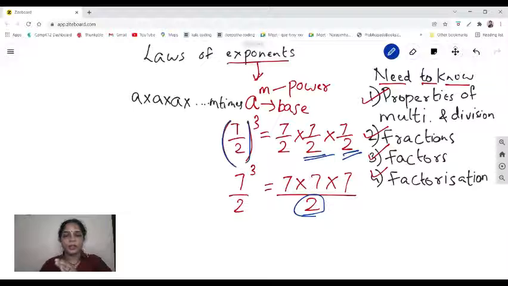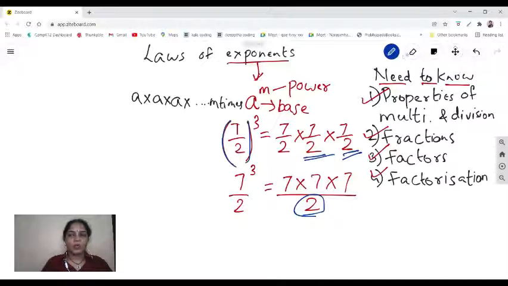Repeated addition is multiplication. Repeated multiplication is an exponent. I hope you remember this.